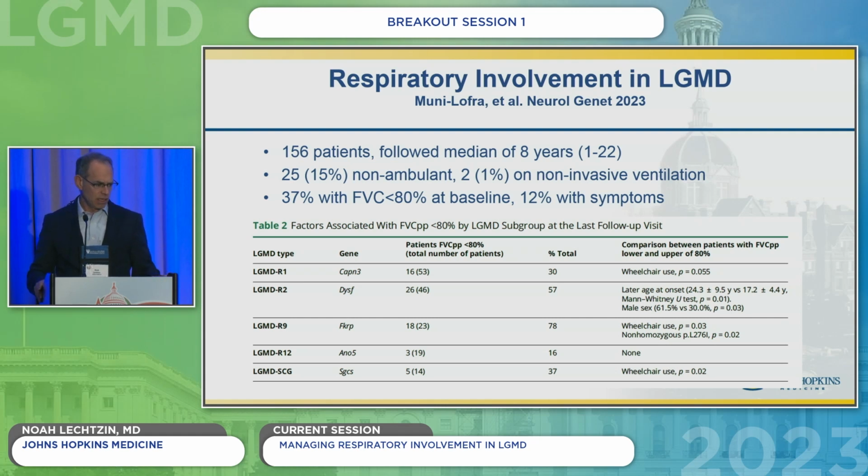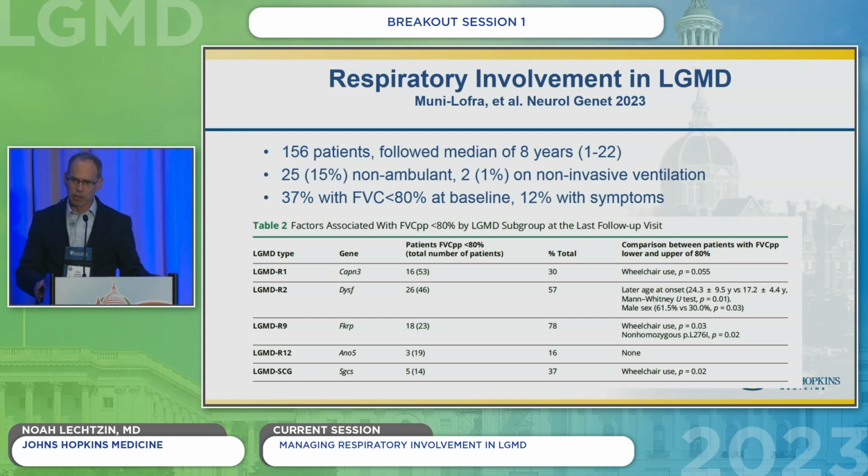And what you can see is the column there, patients FVC less than 80%, that's the number of patients, and the next column over is the percent. And you can see the percent with respiratory muscle weakness varied quite a bit. So the R9, 78% of those patients had respiratory muscle impairment, whereas the R12, only 16%. And there's a spectrum between the 16 and the 78.